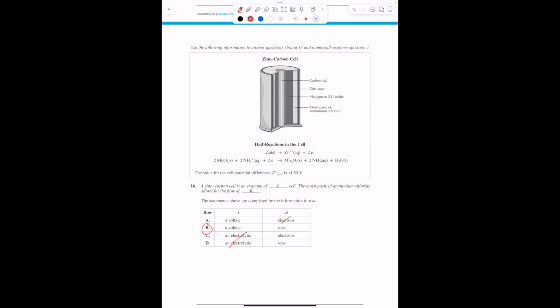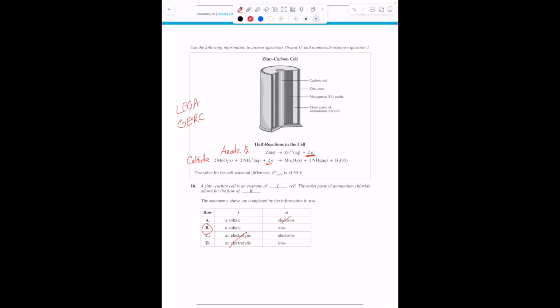So if that's the case, a couple of things we know: loss of electrons, oxidation, anode; gain of electrons, reduction, cathode. So this is where oxidation is occurring, so this is my anode half reaction. And this is where reduction's occurring, so this is my cathode half.